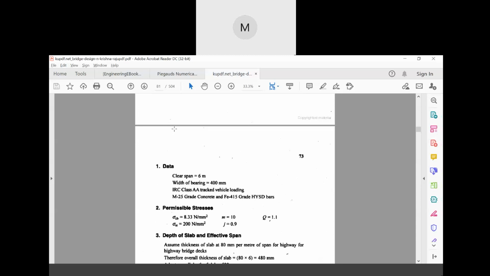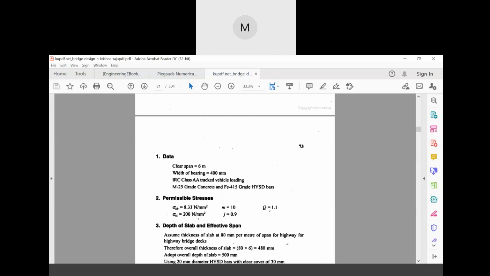Now if you see here, the permissible stresses, that means sigma cp and sigma st, small m, Q, j. Now these are the things that you can find out; we discussed them in the previous classes. If you see in table 3.4 of the book, I asked you to take a screenshot.